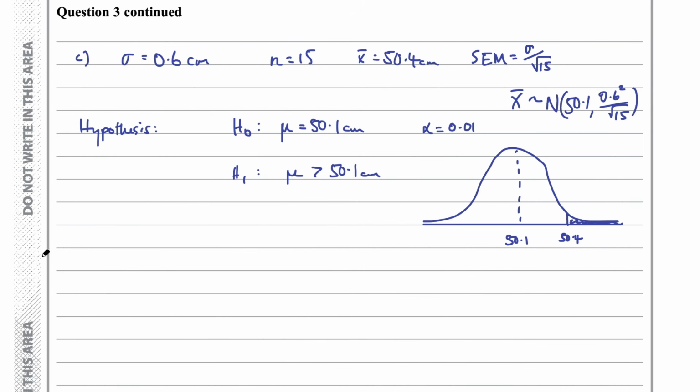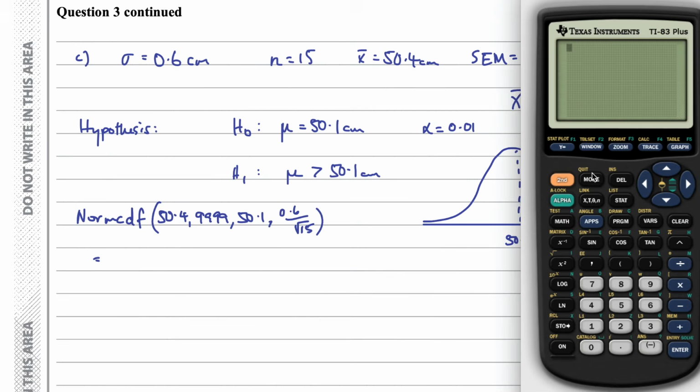So to find that proportion, we can use the normal cumulative distribution function again on our calculator. And our minimum value is going to be 50.4. Our higher value, any large number, typically 4 nines will do. And then our mean is 50.1 and our standard error of the mean is 0.6 over the square root of 15. So if we put that into a calculator, it should give us the proportion above that.